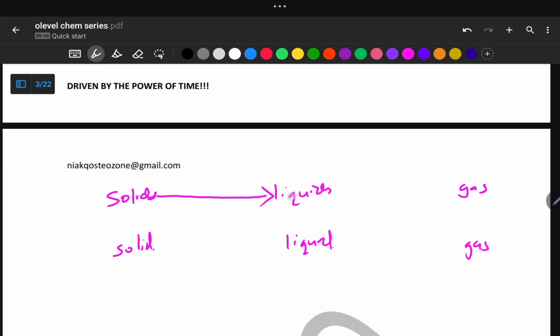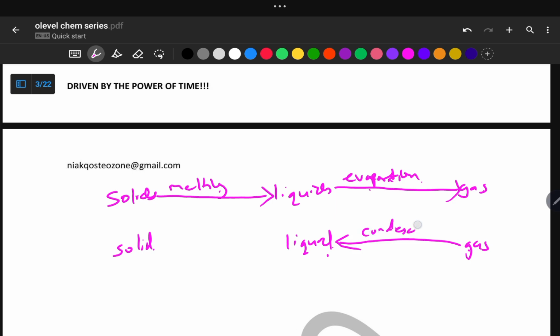From solid to liquid, this is what we call melting. And then from liquid to gas, this is what we call evaporation, right? And then we go back in this direction, from gas to liquid, this is what we call condensation, right? And then from liquid to solid, this is what we call freezing or solidification, right? As simple as that. So this is what you need to know for the states of matter.